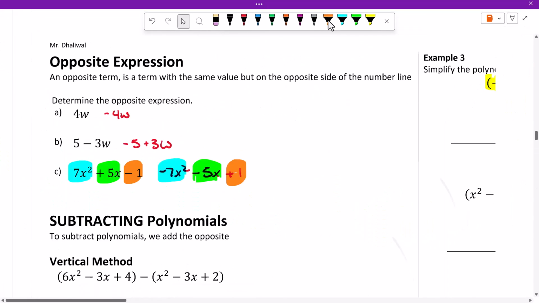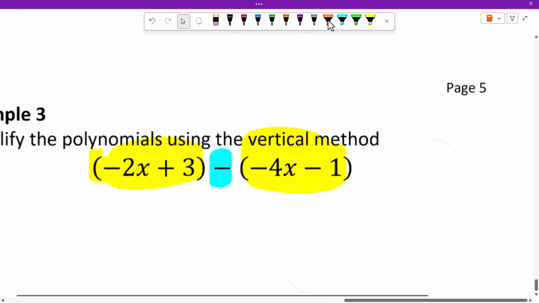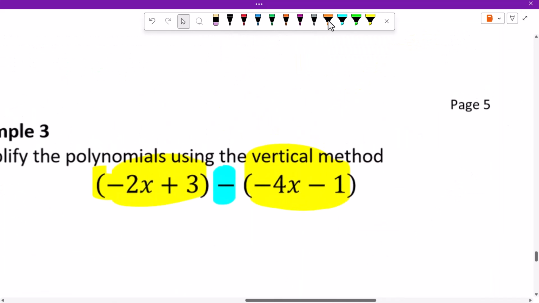now we're going to do the vertical method first. So I'm going to say instead of subtracting, we're going to say add the opposite. Because it means the same thing. So if I said 5 minus 3, it's nice and clean, right? In grade 7, something like that may have said 5 plus negative 3.